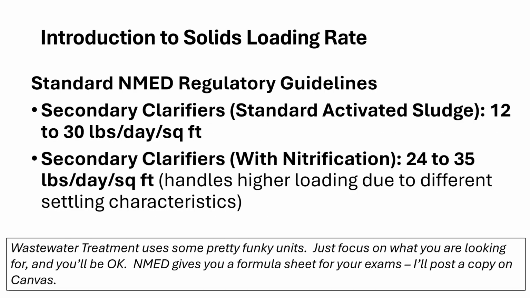So regulatory guidelines for a secondary clarifier with activated sludge, your solids loading rate is going to be 12 to 30 pounds per day per square foot. With nitrification, where we're looking at removing nutrients, it's going to be 24 to 35 pounds per day per square foot. And that higher loading is due to different settling characteristics due to those nutrients.